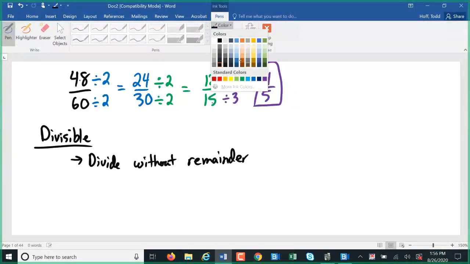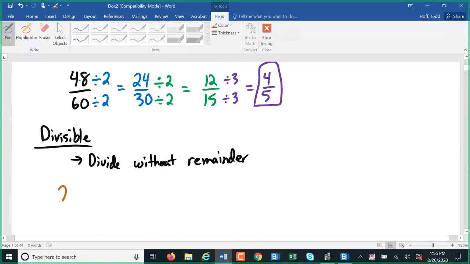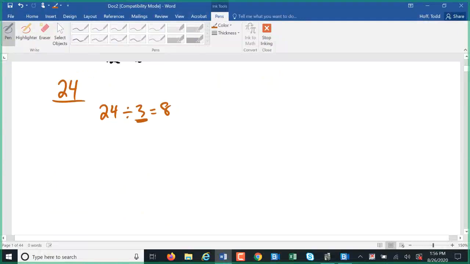So if I look at 24, 24 divided by 3 is 8. There's no remainder. So 24 is divisible by 3. 24 divided by 6 is 4. So 24 is divisible by 6. 24 divided by 5, however, is 4 with a remainder of 4.